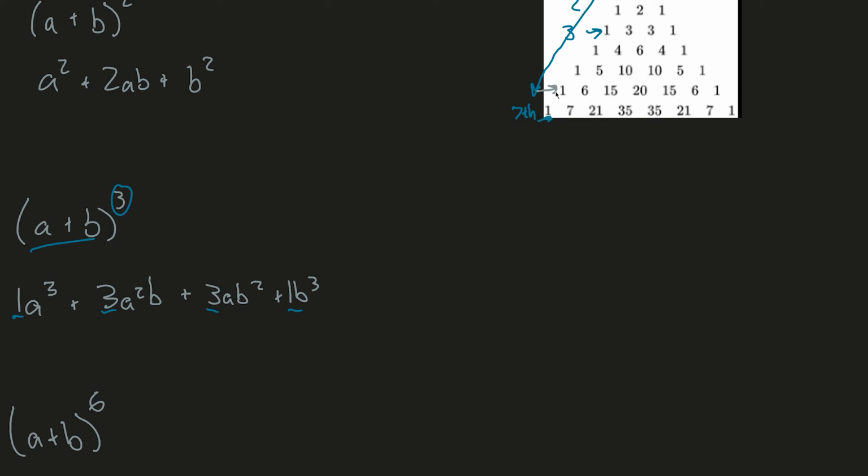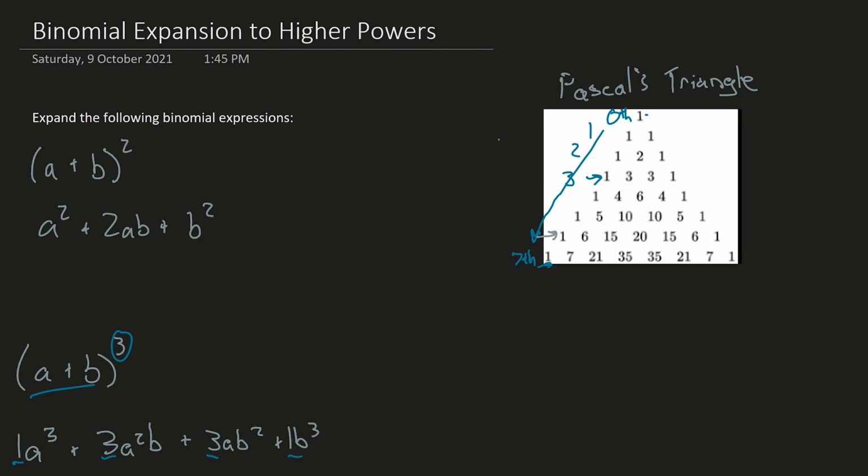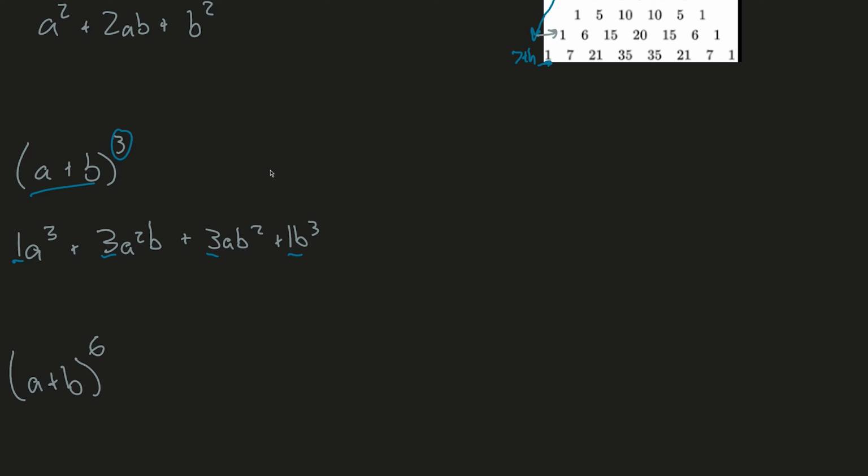So if we do a harder question, like (a + b) to the power of 6, we come over to the 6th row here, and we can see that it is 1, 6, 15, 20, 15, 6, 1. And you're probably thinking, well, how am I able to know how many powers of each a and b go in here?